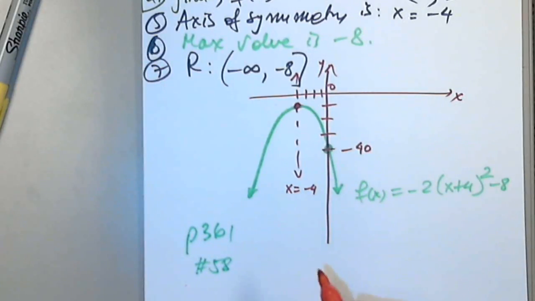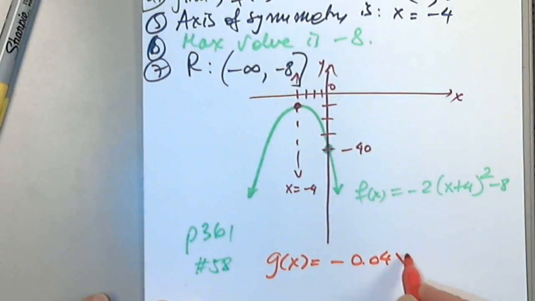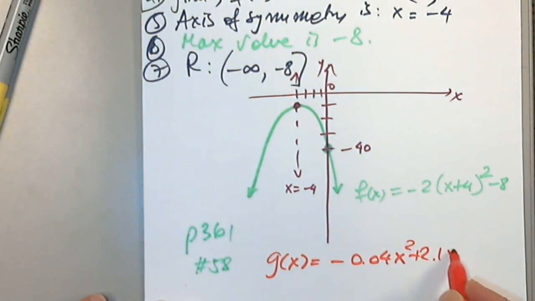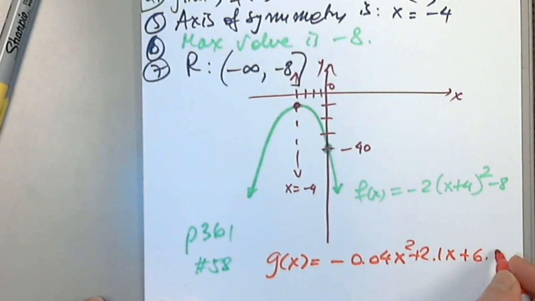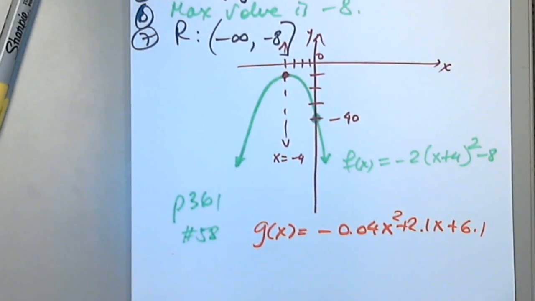We're given a function g of x, which is negative 0.04 x squared plus 2.1 x plus 6.1.